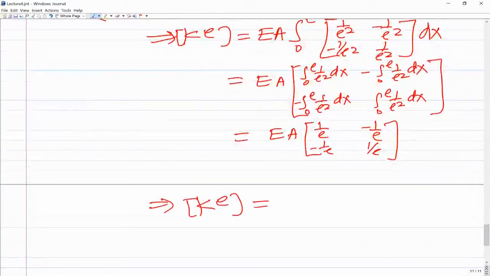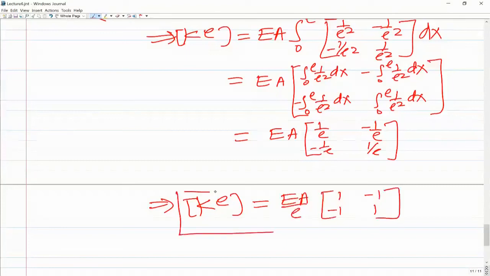When you take anything common in a matrix, it comes out from all the elements of the matrix. Unlike determinants, where you multiply the constant to any one row or a column, in a matrix you multiply that to all the elements. So we can take this EA by L common from all the elements, and we will have 1 minus 1 minus 1 and 1.